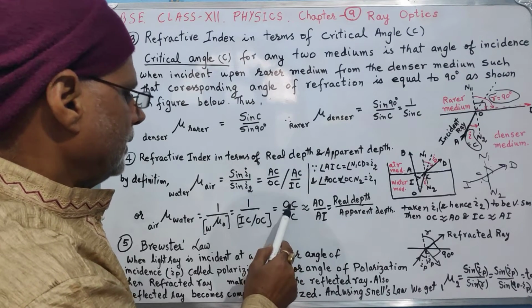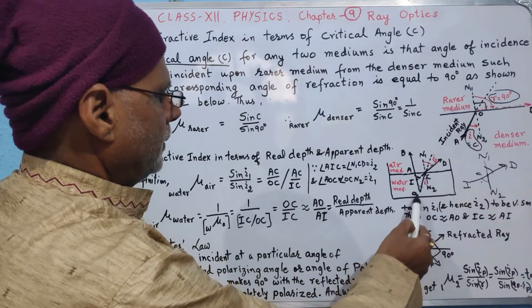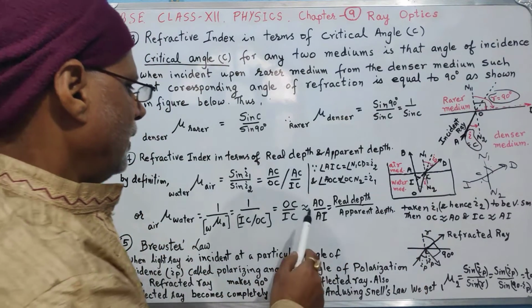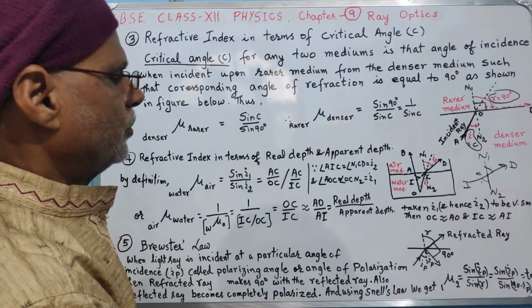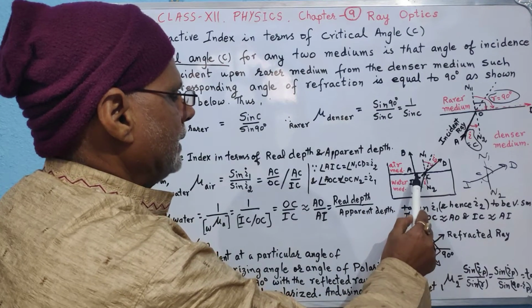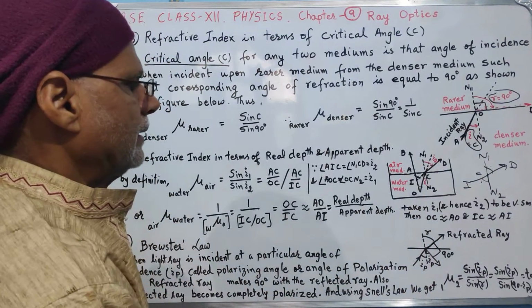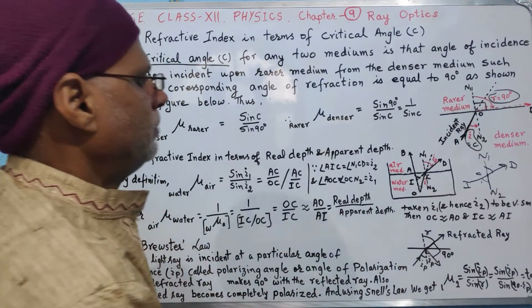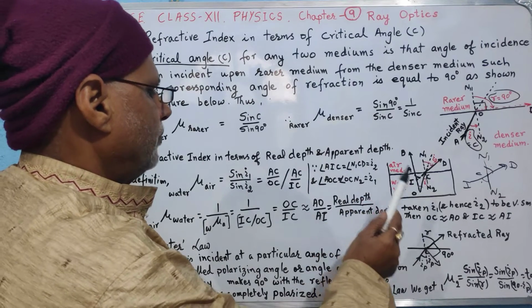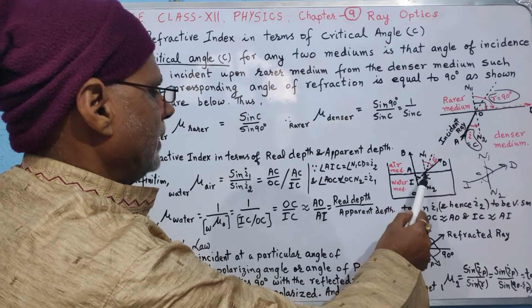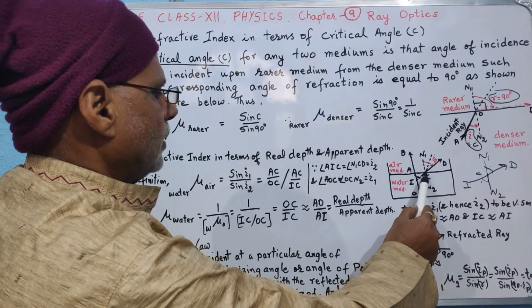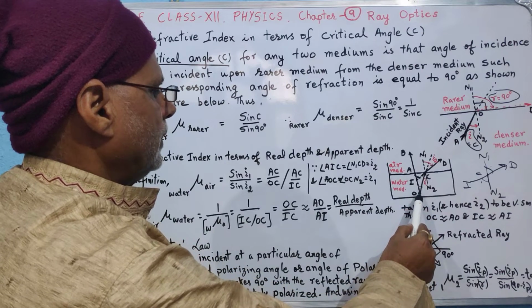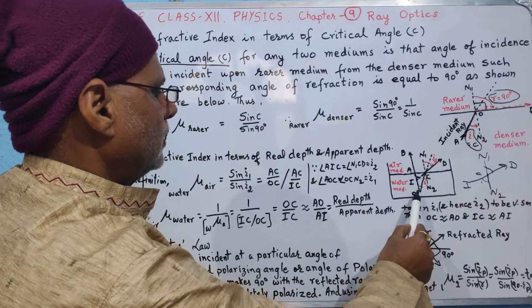But OC, here you see this is OC, is nearly equal to AO. When point C lies very close to point A, angle i1 is very small, and hence i2 will also be small. So for small angles we can understand that side OC is nearly equal to AO.